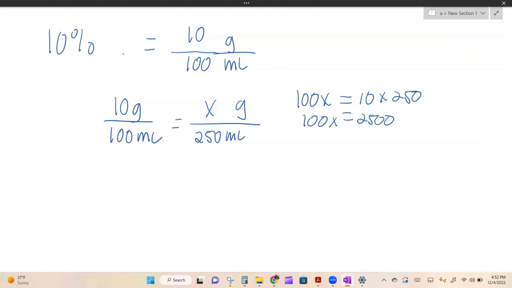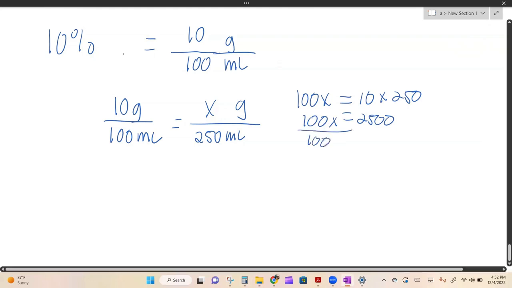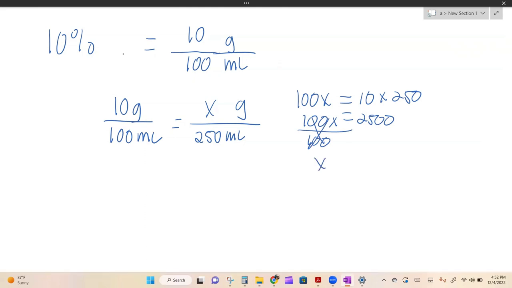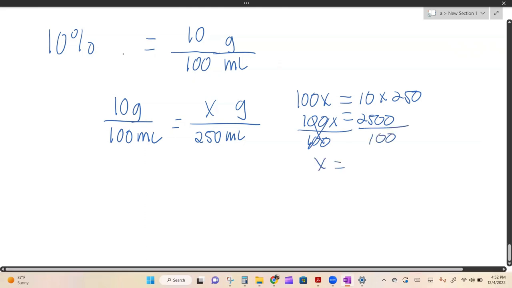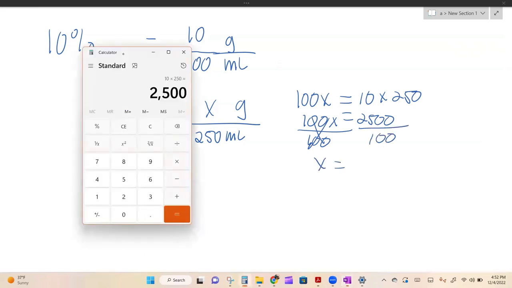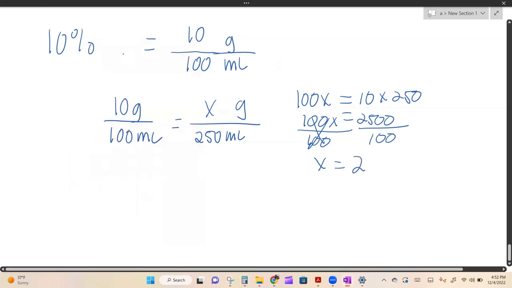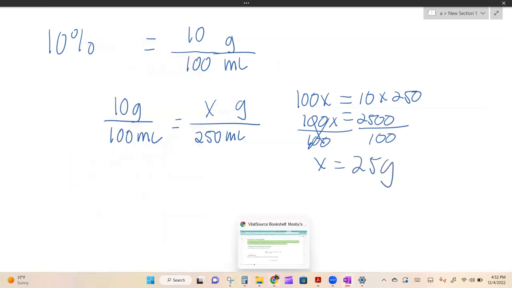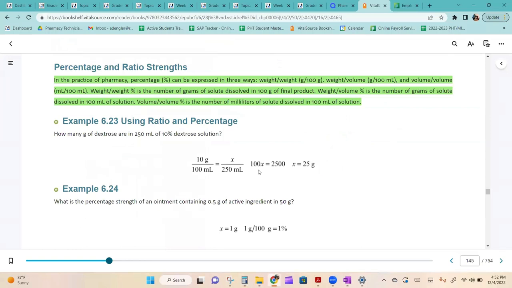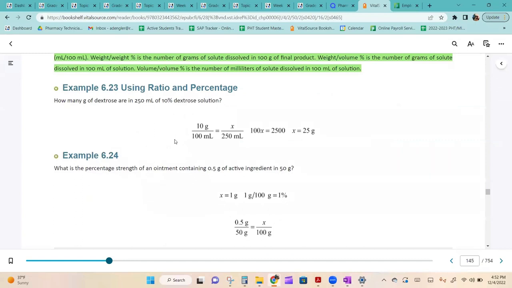We want to get X alone, so we divide this side by 100, and we also divide the other side by 100. This gives us the answer of 25 grams. So there are 25 grams in 250 ml of 10% dextrose.